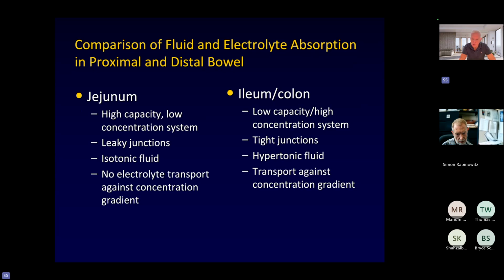These are low capacity, high concentration systems. The junctions between cells are tight, very little paracellular transport. The fluid in these structures tends to be hypertonic. And here, electrolytes will be transported against their concentration gradient. So the net uptake will be far greater than the amount secreted, and that will be against the concentration gradient.